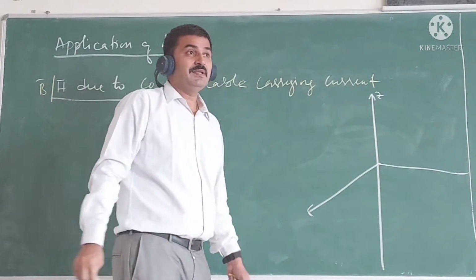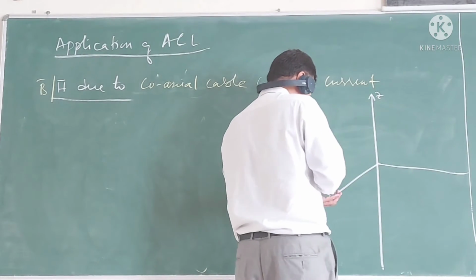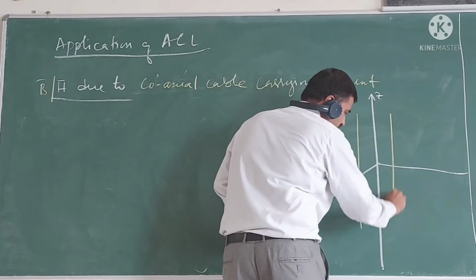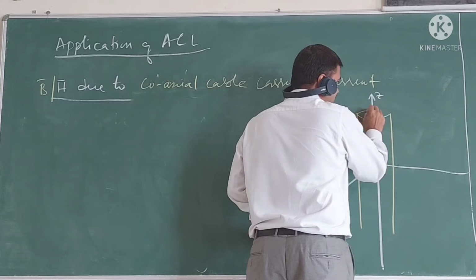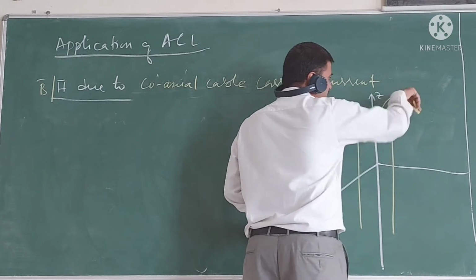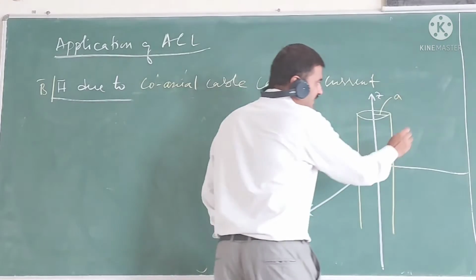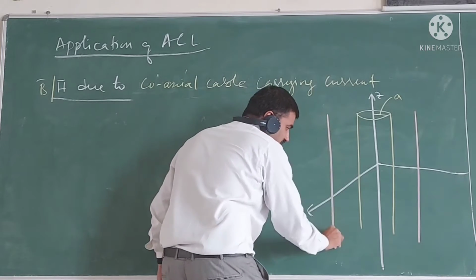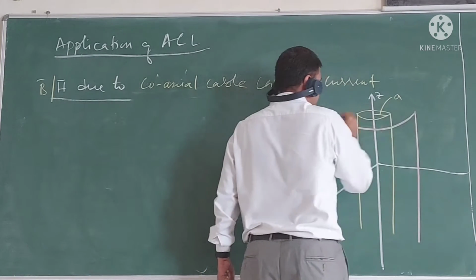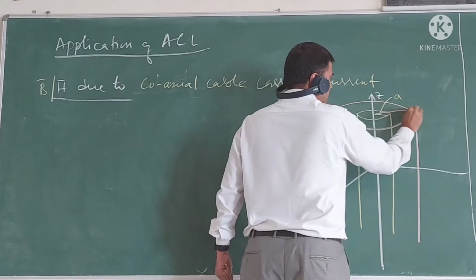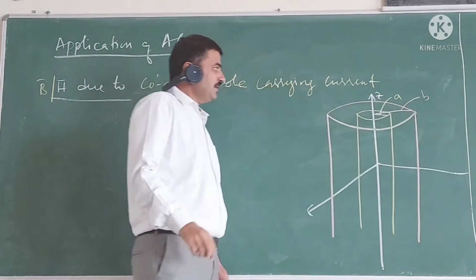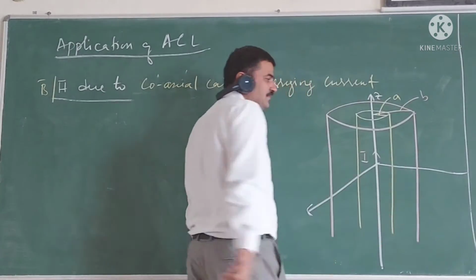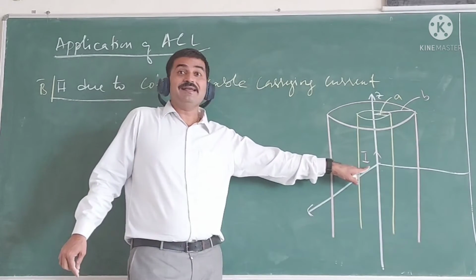With the radius of inner conductor as A, and the radius of outer conductor as B. The inner conductor carries a current I.